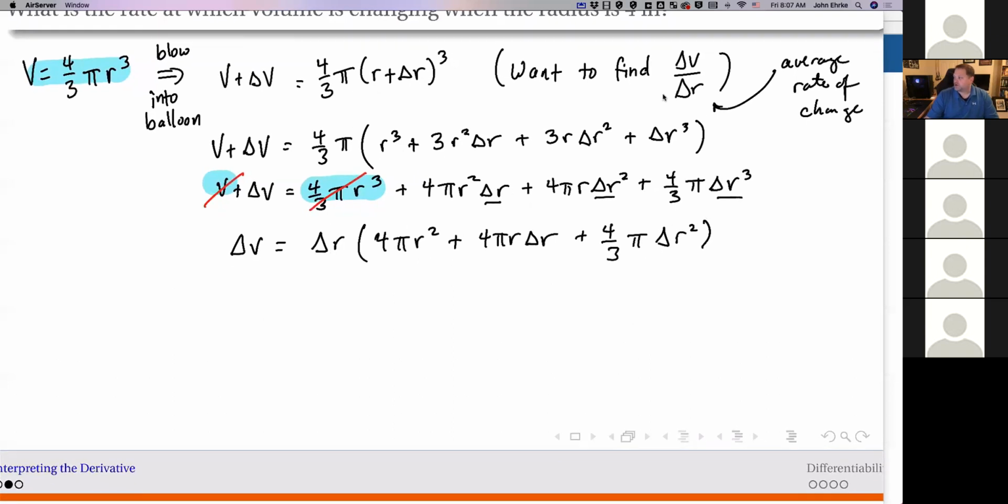Okay, I'm almost to my goal. My goal was to find the ratio delta V divided by delta R. So if I take the delta R that's here and divide it over, I get delta V divided by delta R is what was in the parentheses there.